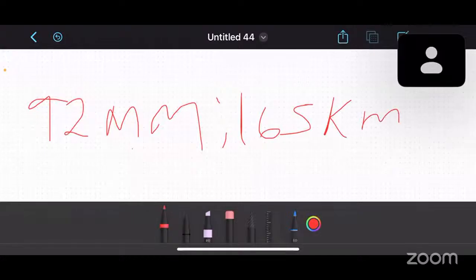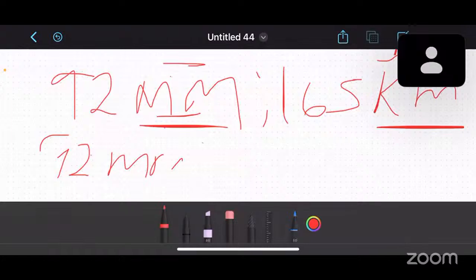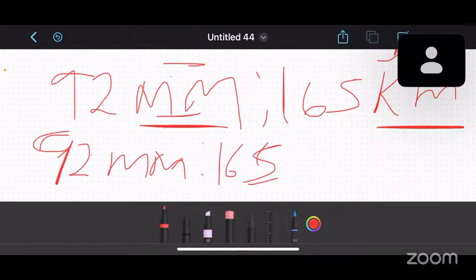This is in real life. So now we need to make sure that these are in the same units. So we're going to convert the kilometers to millimeters. So 92 millimeters is to 165. How do we convert the kilometers to millimeters? Do we divide or do we multiply?